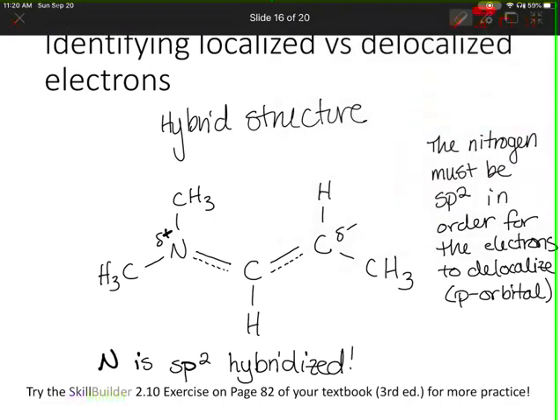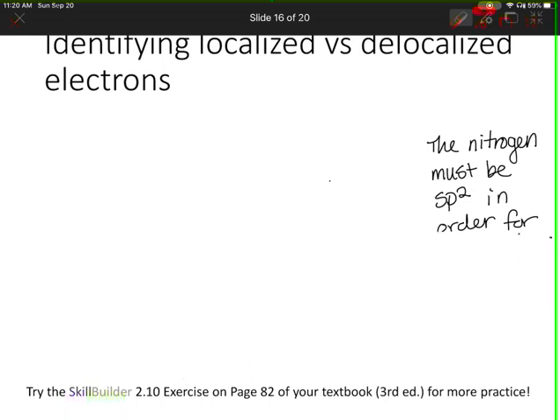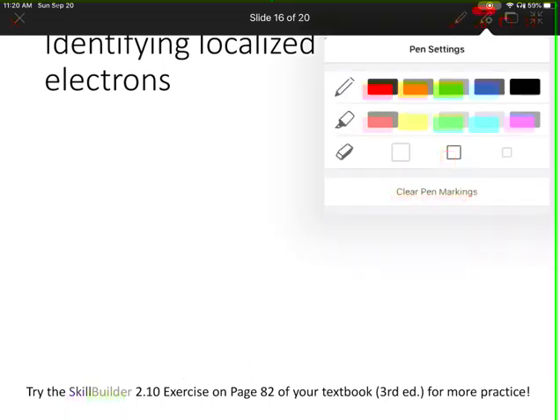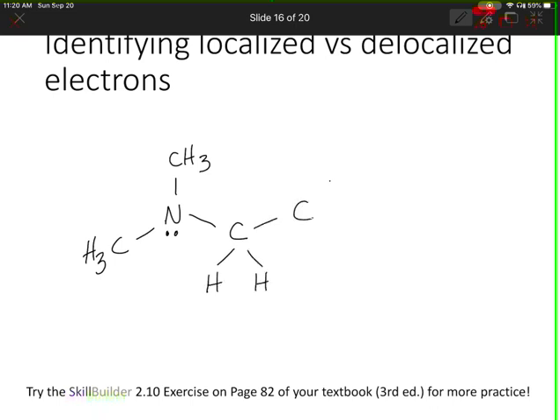So I'm going to redraw this structure, but we're going to draw it a little bit differently. Okay, so this time the central carbon does not have a double bond with the carbon on the right.